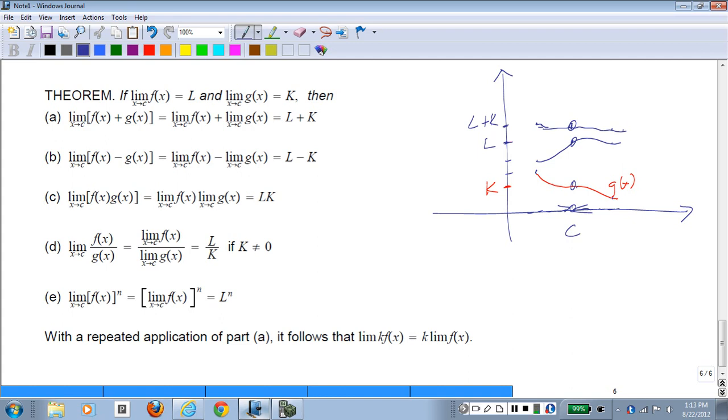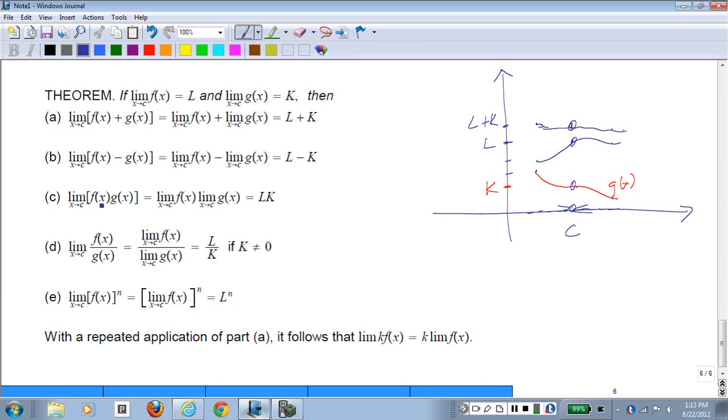I'm not going to attempt to draw the difference or the product or the quotient, but unless you're going to be terribly unsatisfied without the epsilons and deltas, I'm just going to say, with our intuition, if x gets close to c, f of x is getting close to L, g of x is getting close to k, so the difference of those two functions is getting close to the value L minus k.